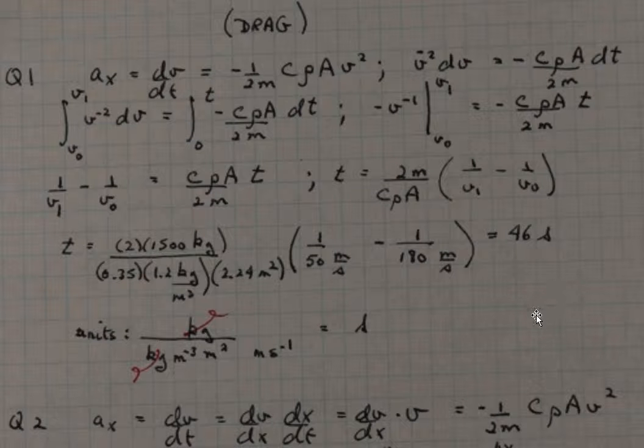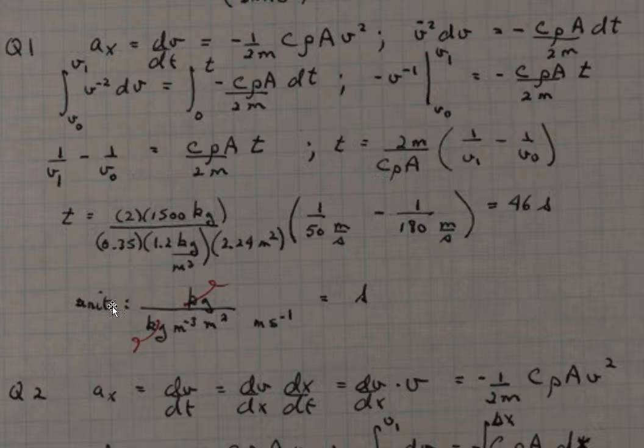That's quite a long time. When you do things like this, you should definitely go back and check your units. And so this whole thing should be in seconds. So we have kilograms, meters to the minus 3, meters squared, times 1 over meters, seconds to the minus 1.